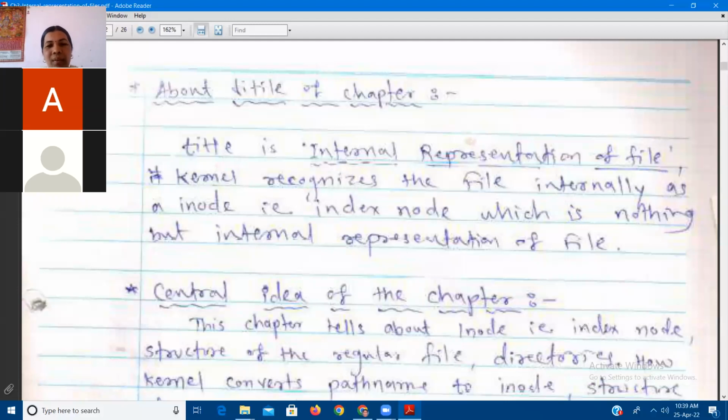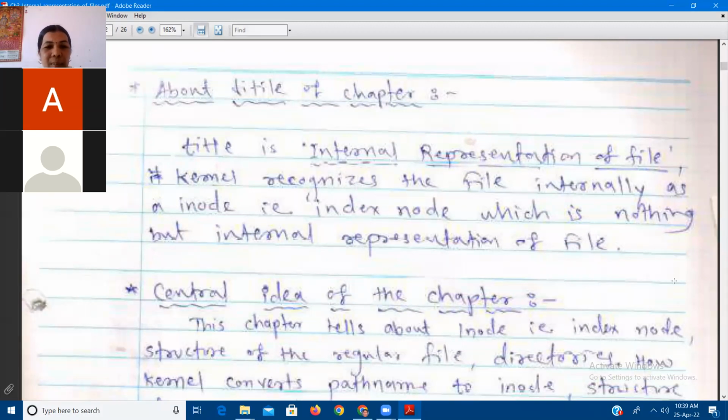In the same fashion, whenever a file gets created in the system, each file is assigned one unique number called an inode number, like your roll number, and further each file has its own data, its own metadata, data about the file: the file size, where the file is stored, the name of that file, and the permissions with respect to that file. All these things are recorded as a part of the inode file, and we are discussing in detail this inode file throughout this chapter. So inode is nothing but the internal representation of a file.